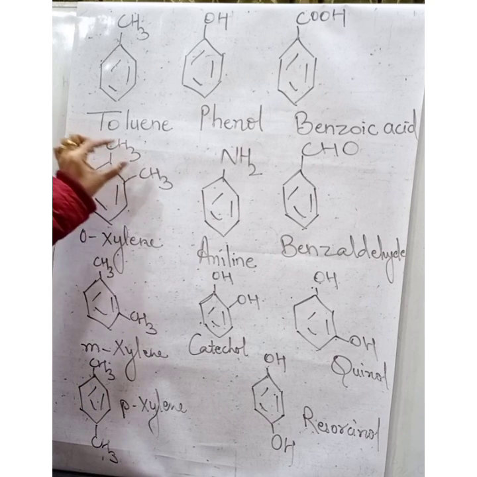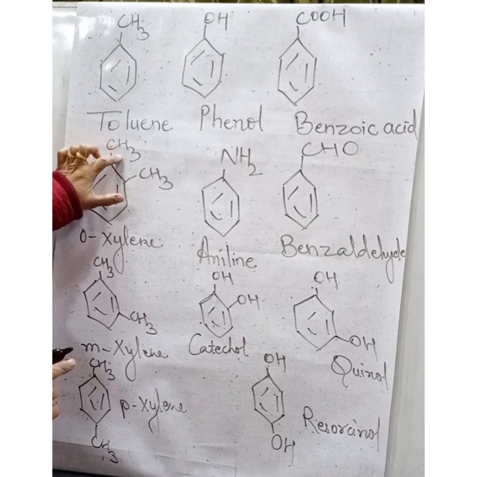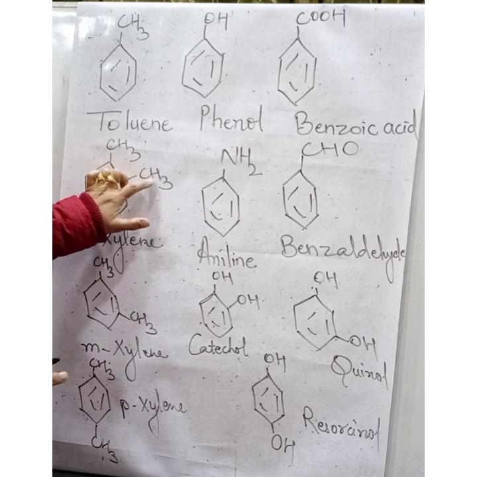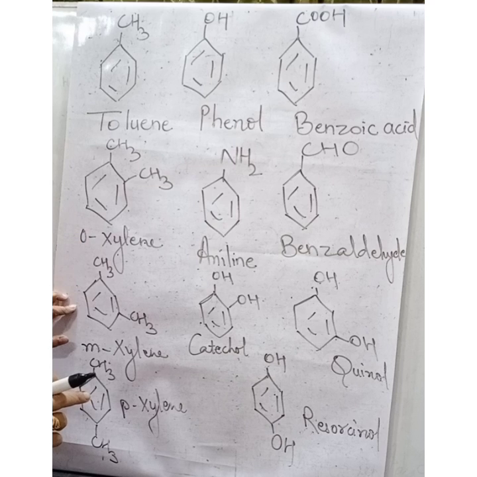Now, for a disubstituted benzene, instead of saying 1,2-dimethylbenzene, popularly it is known as orthoxylene. This is metaxylene. This is paraxylene.